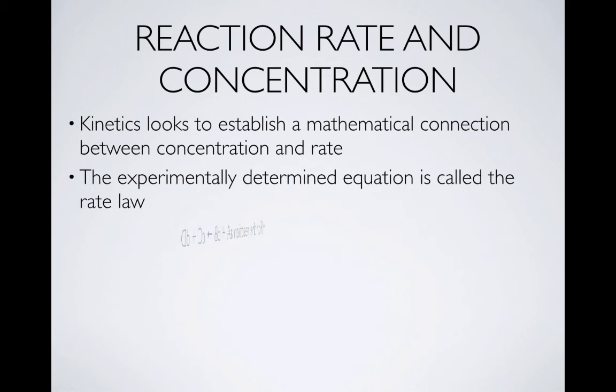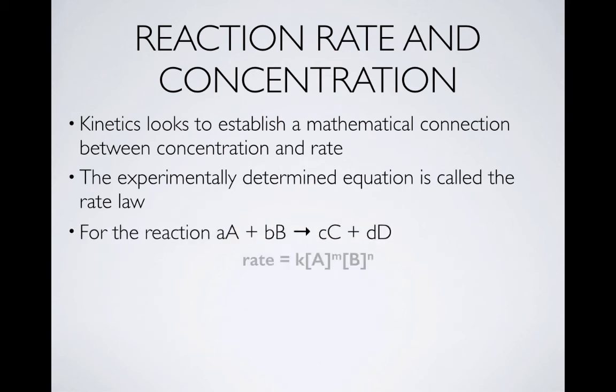Now, if we have just some generic reaction where we have A plus B going to C plus D, and let's say our coefficients for all those different reactants and products are little a, little b, little c, and little d, we can write a general rate law for that reaction, saying that rate is equal to K times the concentration of A raised to some power m times the concentration of B raised to some power n.